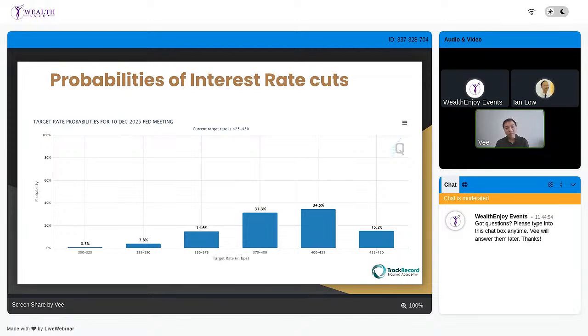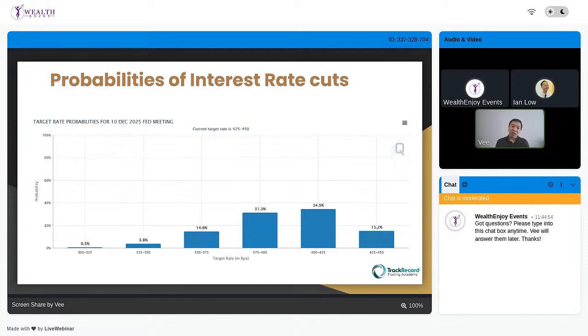And as you can see, this chart is a probability of interest rate cuts by the end of this year, based on the interest rate products, right? Based on interest rate futures in the US bonds, as well as the short-term interest rate futures market. So there's a lot of numbers here, but essentially it says 4.25 to 4.5 is where the right hand most bar is, where the benchmark interest rate currently is.